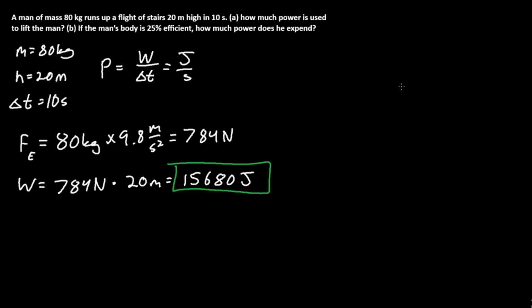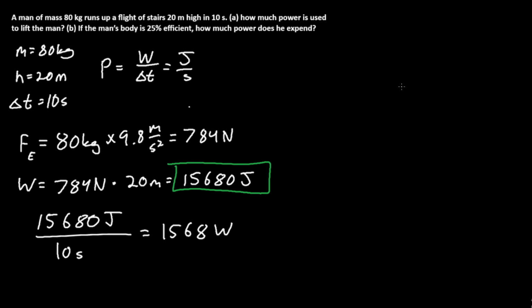So you have your work and you also have your change in time, so you can just divide your work by the change in time to get power. And the power is represented by watts. So the actual wattage used in order to lift the man up 20 meters in 10 seconds is 1568 watts.